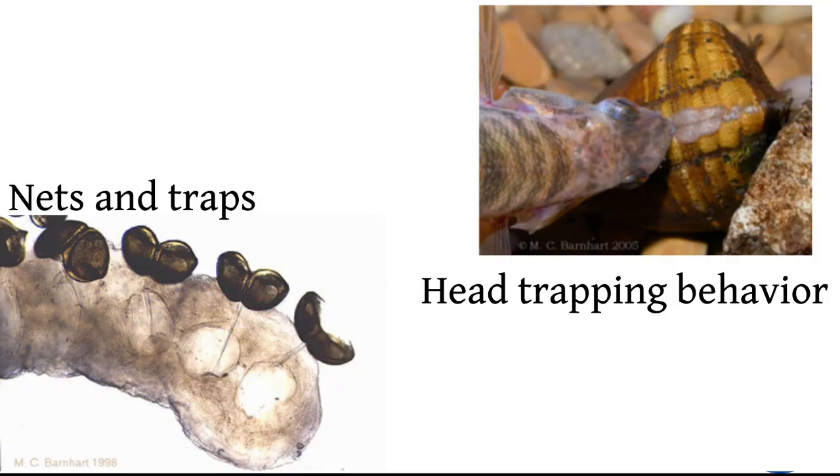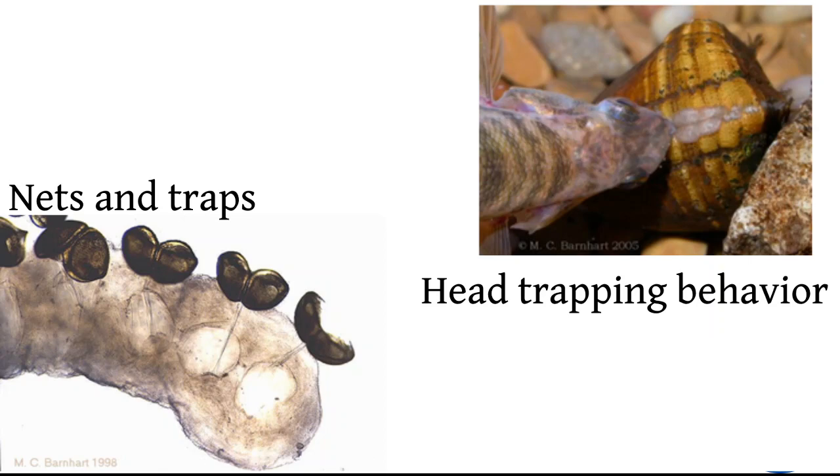And then there are a whole other set of ways that these organisms can encourage infestation on fishes. So they can create a series of nets and traps. And basically these are little mucus nets that are suspended in the water column with glochidia hanging off.